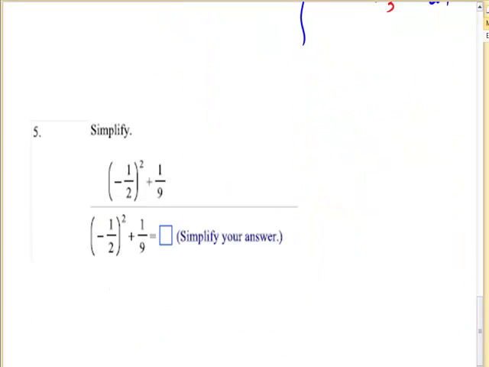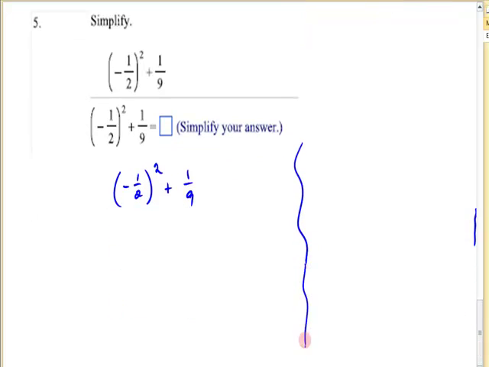I think we have one more. I have -1/2 in parentheses squared plus a 9th. All right, so I'm going to do my exponent first. -1/2 squared means -1/2 times -1/2. Negative times negative is positive, and it's positive 1/4.